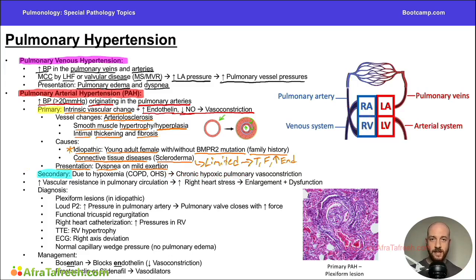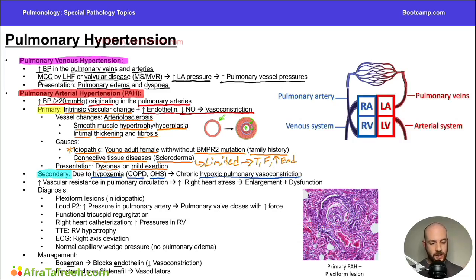Okay, so now let's talk a little bit about the secondary pulmonary arterial hypertension. And this is going to usually be due to hypoxemia, which recall is going to result in hypoxic pulmonary vasoconstriction. And two very common conditions that you want to keep in mind that we see this are things like chronic obstructive pulmonary disease and obesity hypoventilation syndrome, where we're really just not ventilating those alveoli very well, and so the partial pressure of oxygen starts to drop in the alveoli.